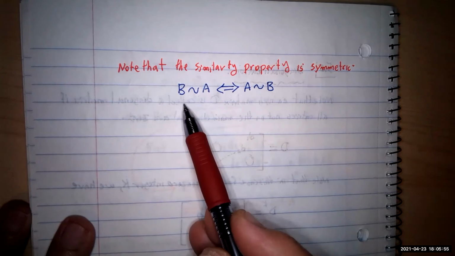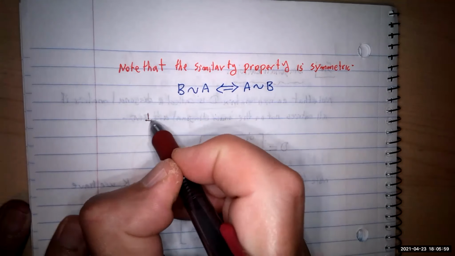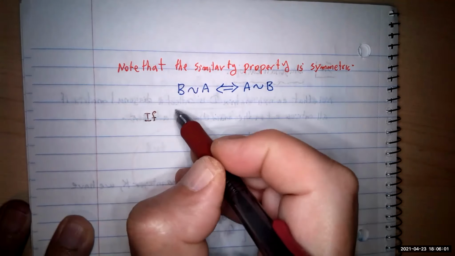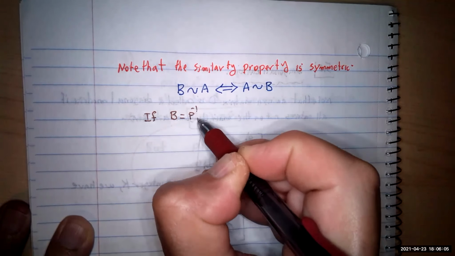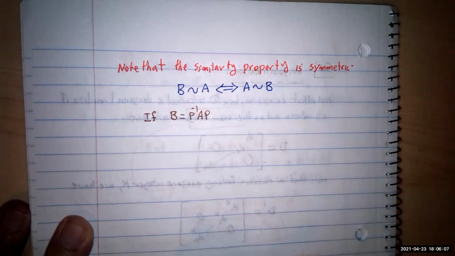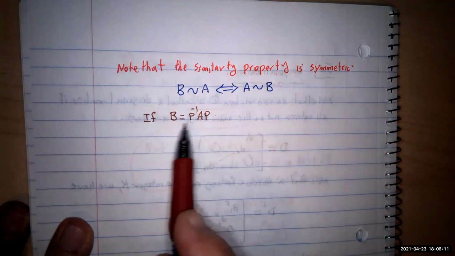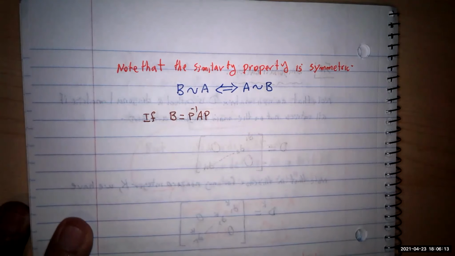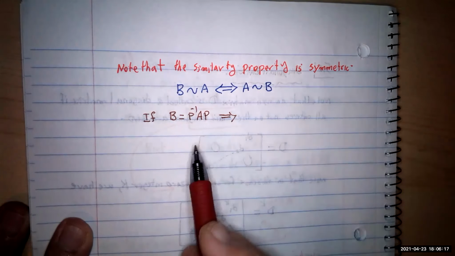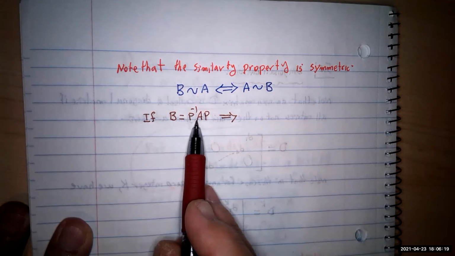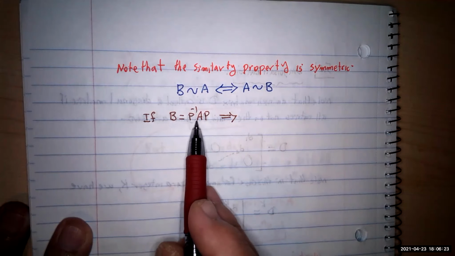Let's see it. The reason is that if you get the first one, B is equal to P inverse AP, you can easily pull out the A. Remember, we talked about this type of idea. If you want to release the A, you have to multiply by P from the left and P inverse from the right.